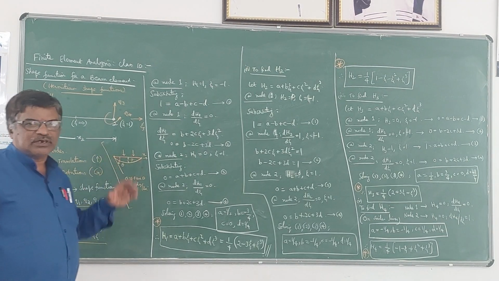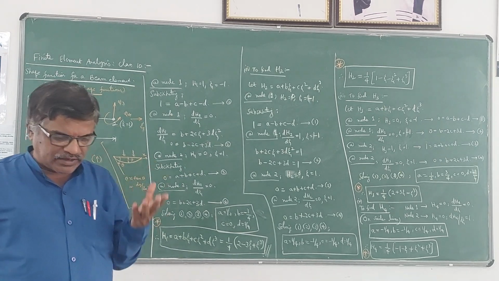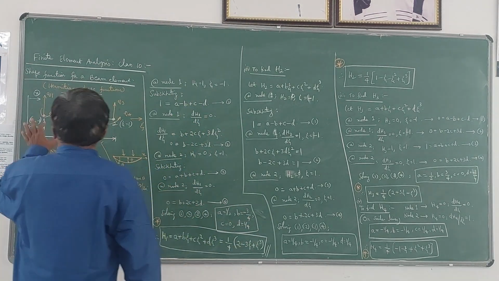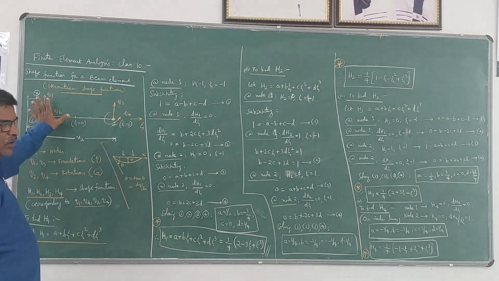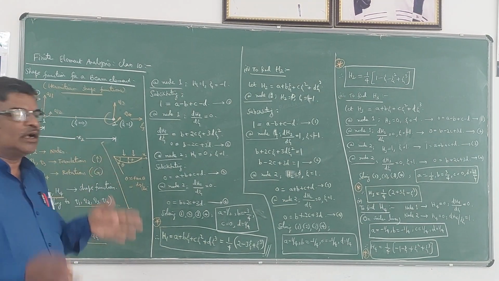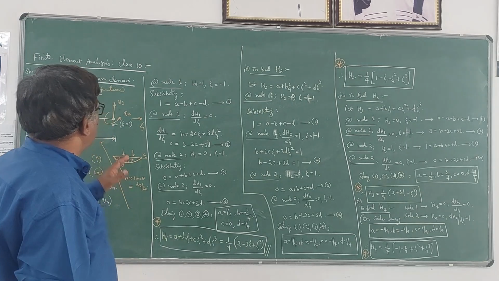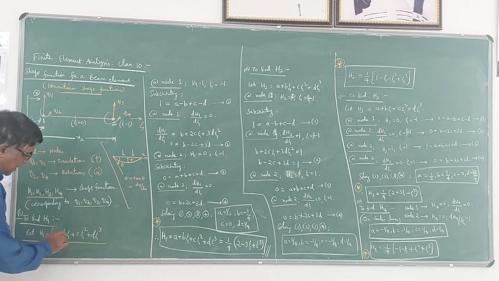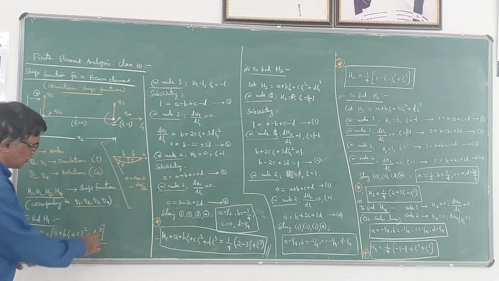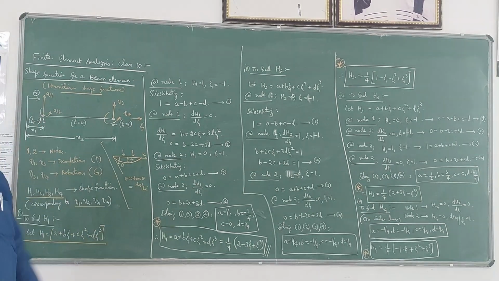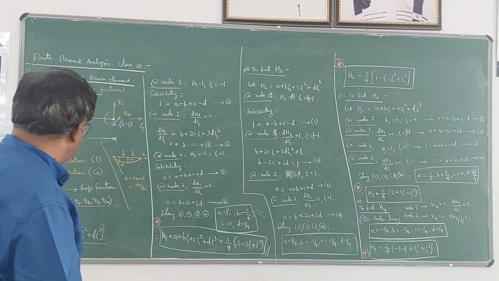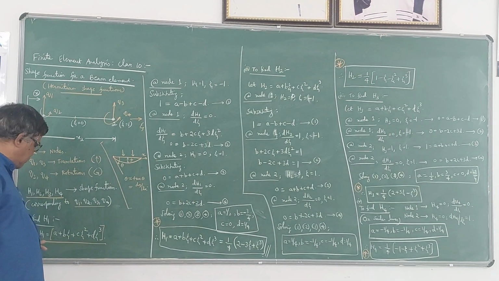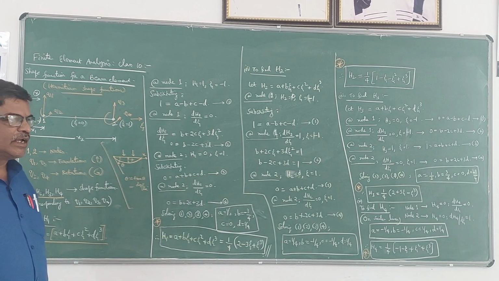Let us find the Hermitian shape function h1, which corresponds to the nodal displacement q1. q1 is the vertical translation at node 1. So let us assume this polynomial like this. Now I am going to use 4 boundary conditions to find the 4 unknowns a, b, c, d. Once you find these, you can write the shape function h1.